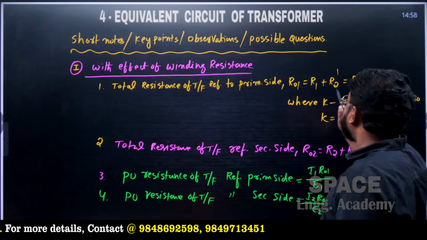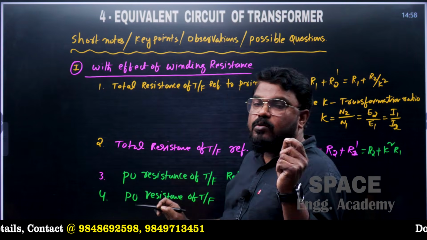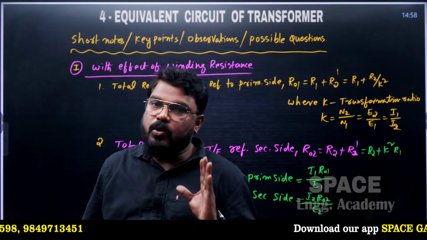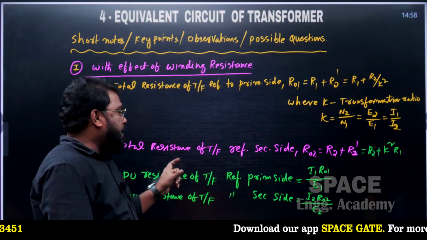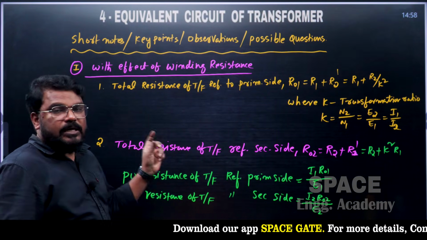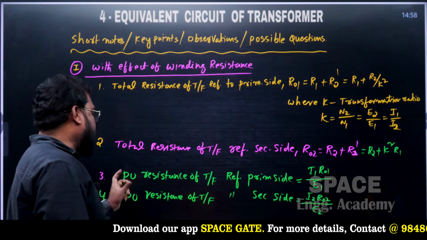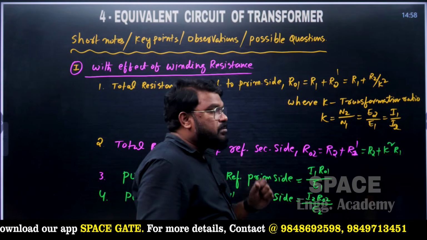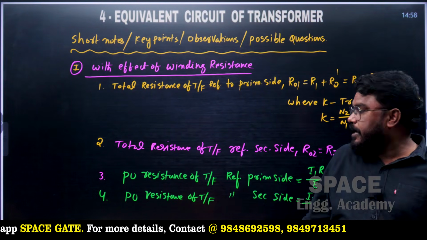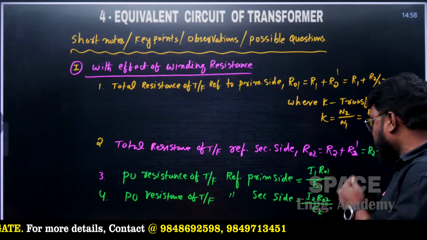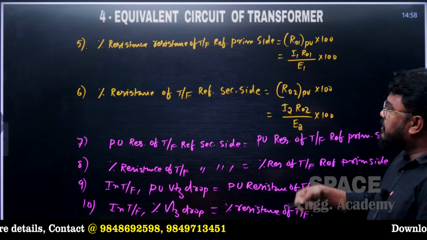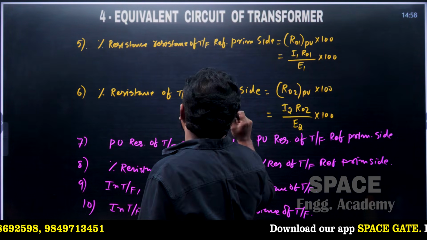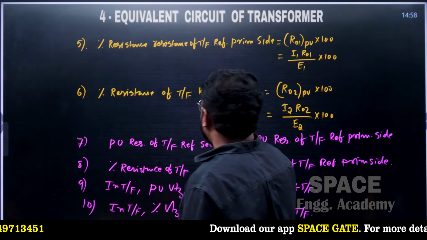One of the questions is first one, how to find out total resistance referred to primary side of the transformer. Next, how to find out total resistance referred to secondary side, and after that how to calculate the per unit resistance of the transformer referred to secondary side. And then one more possibility of the question is percentage resistance of the transformer referred to primary side.